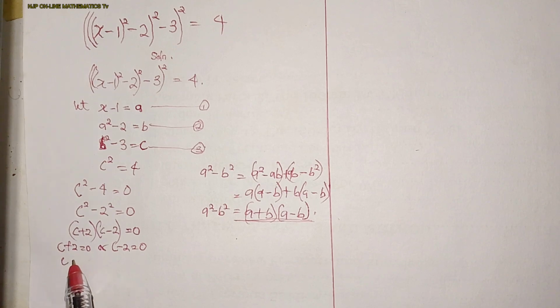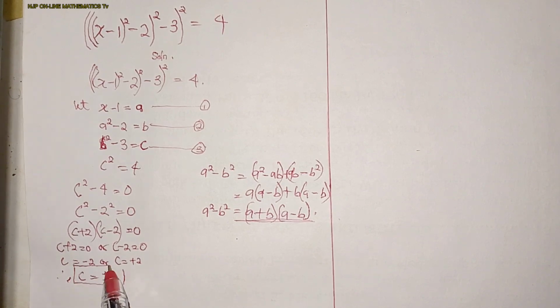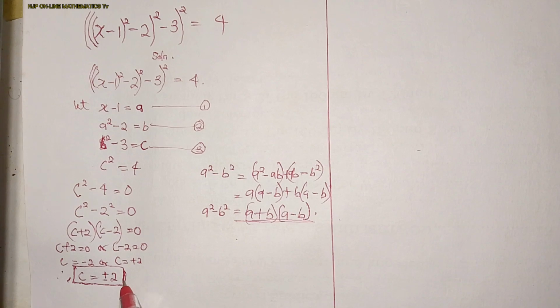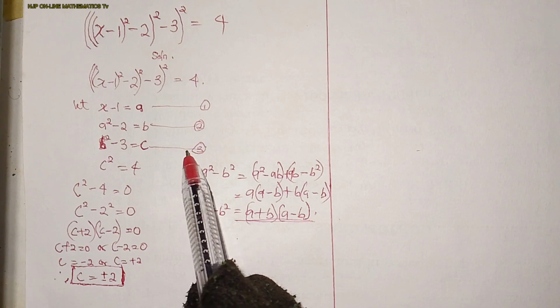Therefore, c equals negative 2 or c equals positive 2. Therefore, the values of c equal positive or negative 2. Please, let's remember this. This has been the first answer we have obtained, but this is for the value of c. We have to continue by substituting the values of c now into equation 3.